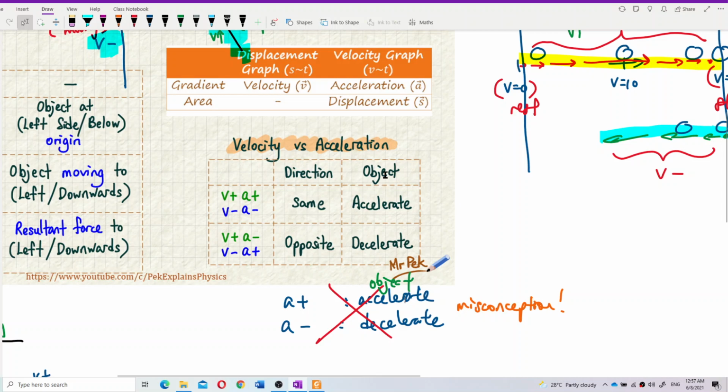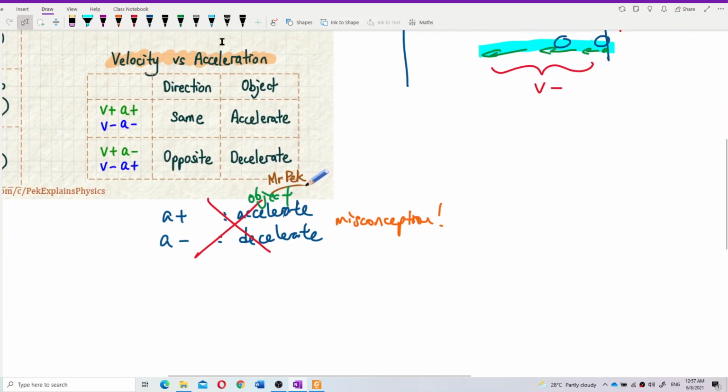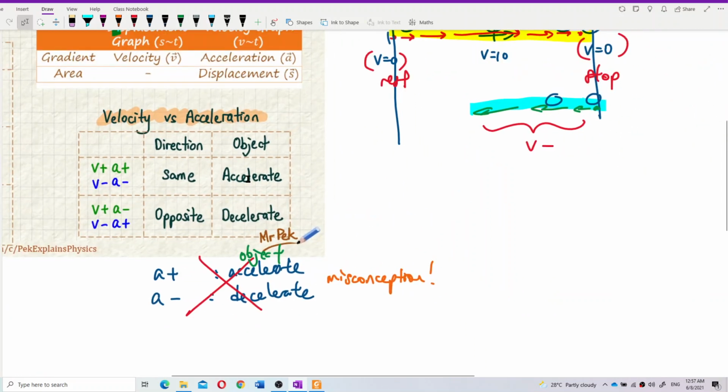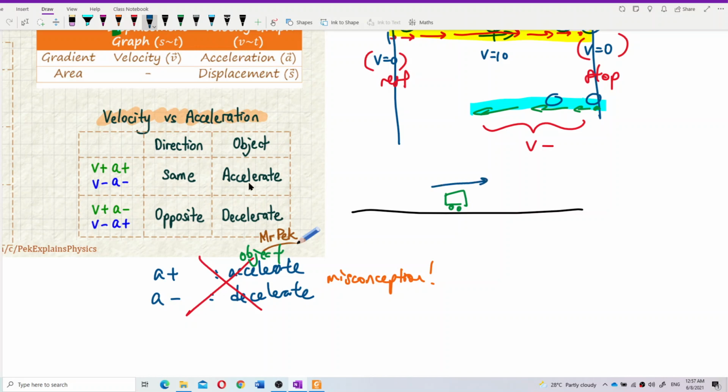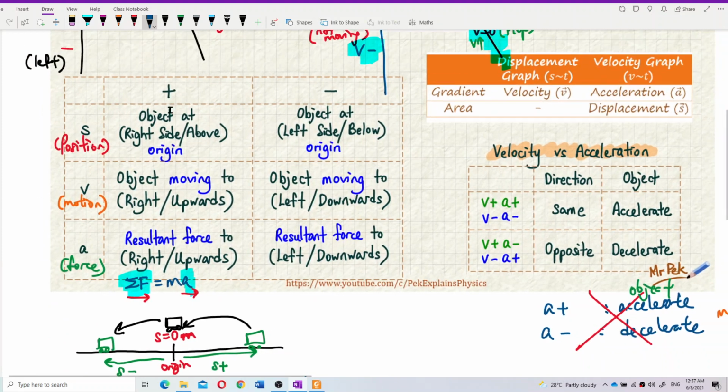Let me tell you how the object will accelerate. I have a car. Let's say the car is moving to the right, so velocity is positive, because velocity positive means the object is moving to the right.